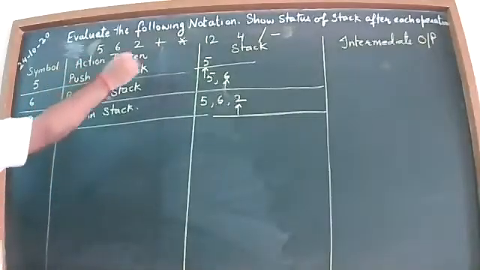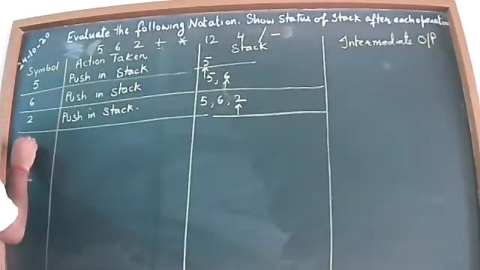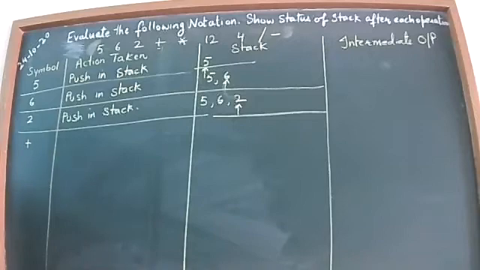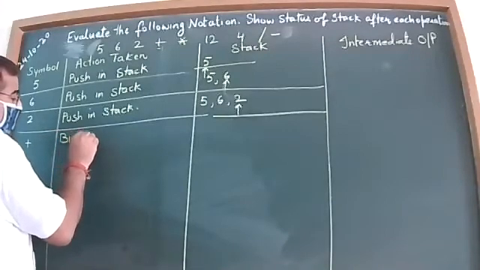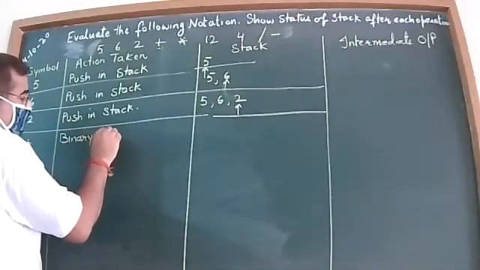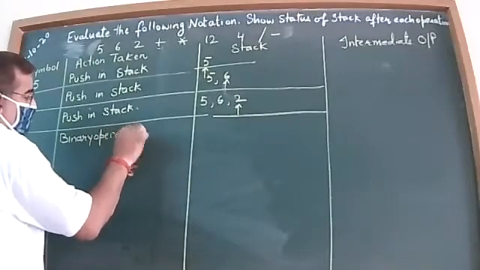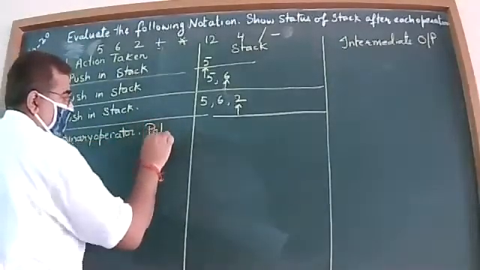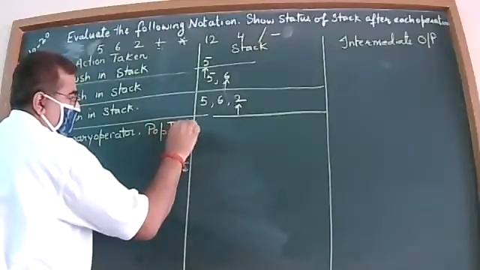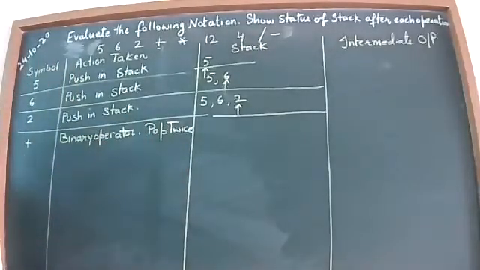Now in the next stage, we have the plus operator. Now an operator is coming. Now check, is it a unary operator or is it a binary operator? It is a binary operator. So right here, binary operator, pop twice.